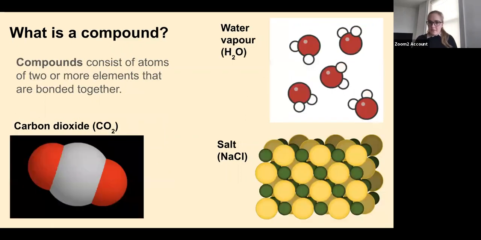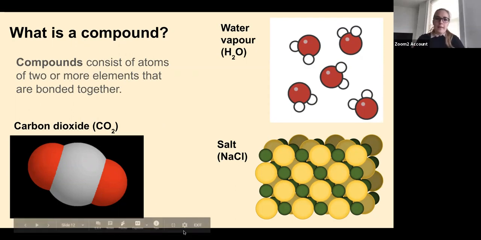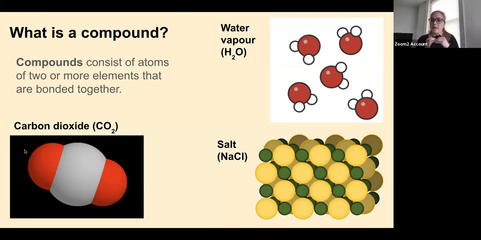What about compounds? Compounds consist of atoms of 2 or more elements that are bonded together. Some examples of compounds that you're going to be familiar with are carbon dioxide, or CO2. This has 1 carbon atom bonded to 2 oxygen atoms, and these are chemically joined. That's important to remember for a compound: the atoms of the elements are chemically joined to each other.